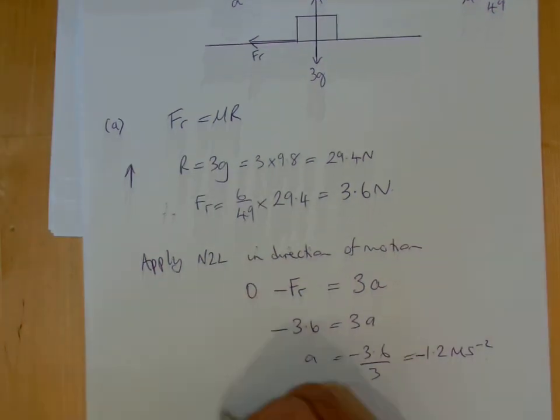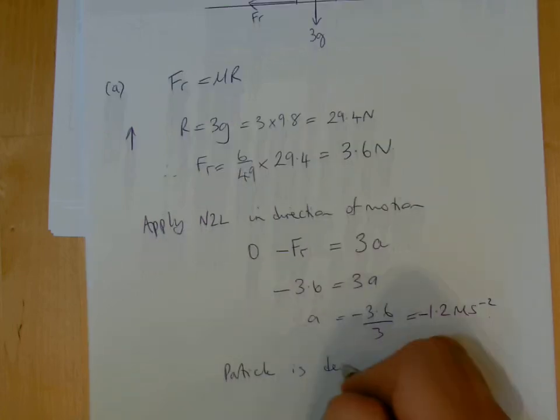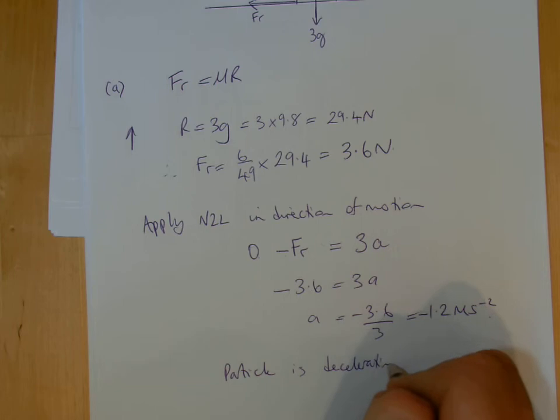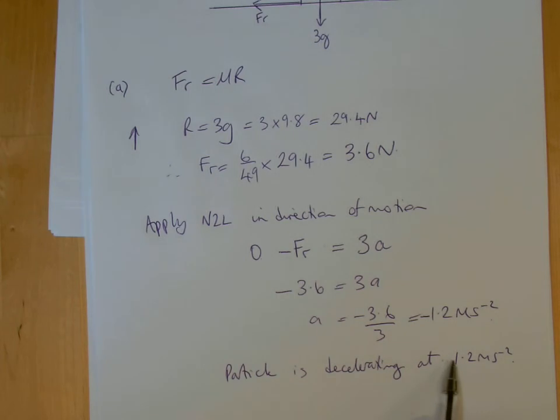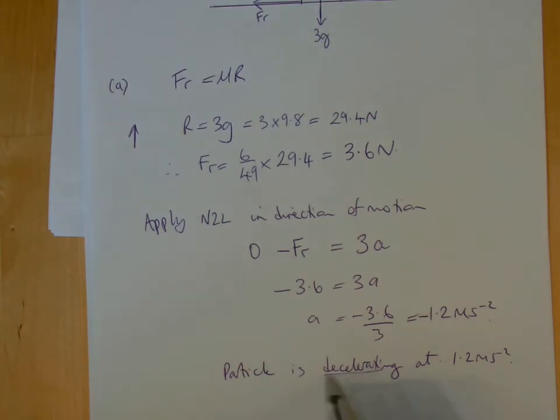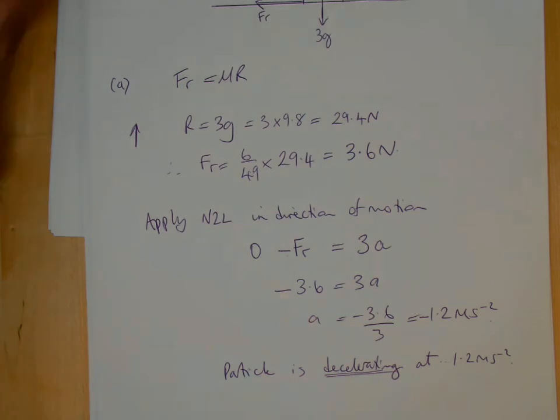Because we've got a negative, we could say the particle is decelerating at 1.2 meters per second squared. Notice I haven't put minus there because saying decelerating identifies the fact that it's minus.